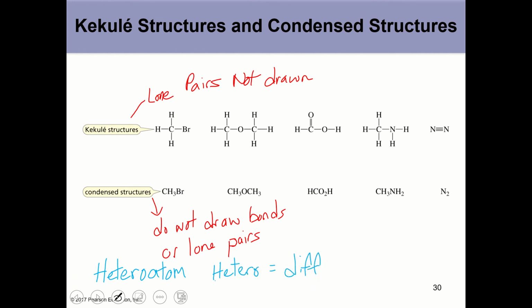Since organic chemistry is all about carbon and hydrogen, anything that is not carbon or hydrogen is a heteroatom. Therefore, bromine, oxygen, and nitrogen are all heteroatoms. The heteroatoms that are bonded to carbon, which is also bonded to hydrogen, will always be written after hydrogen.